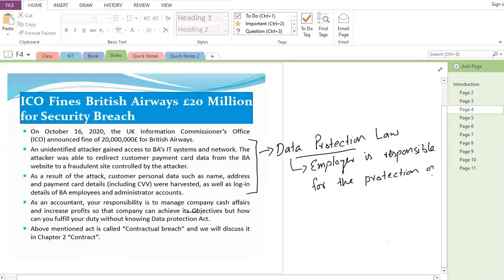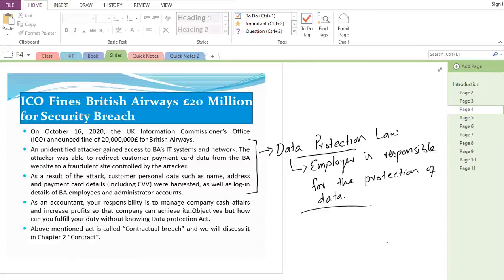British Airways was in breach of this Data Act. Due to this, the important data of the customers, the data of employees and the administrator data was leaked, and it was used for different fraudulent activities. So it caused damage to the customers, and customers sued British Airways.